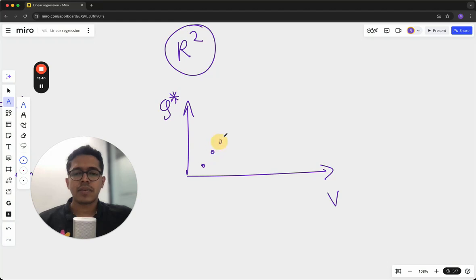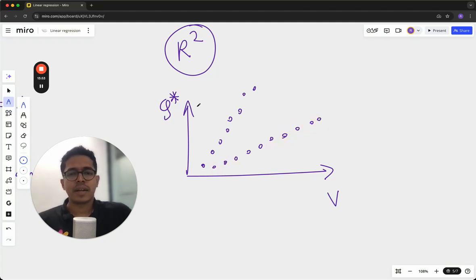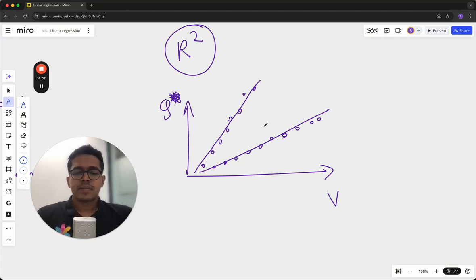One set of data looks something like this. Another set of data looks something like this, right? And if I remember correctly, these were for different particle sizes. And then initially I said that the relationship between voltage and charge is like a straight line.